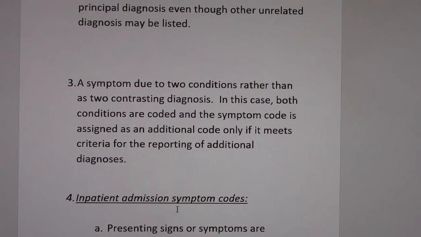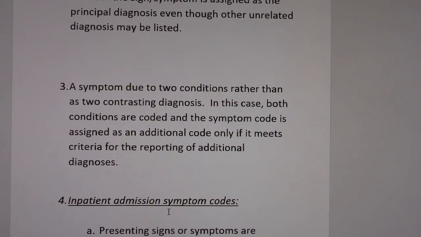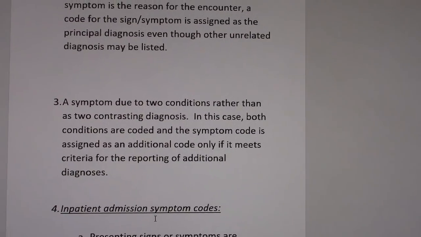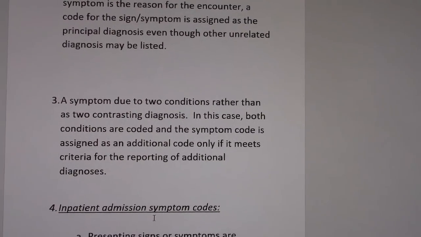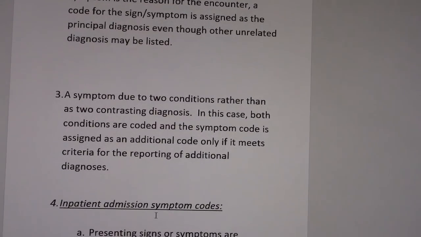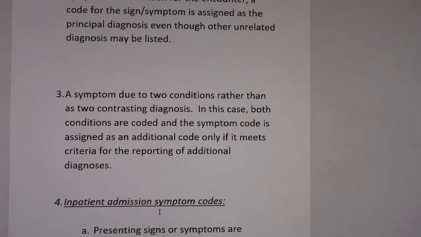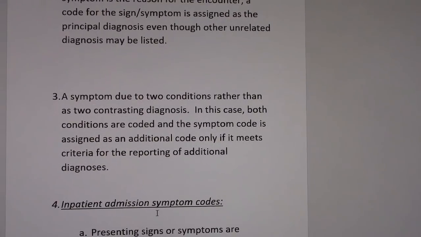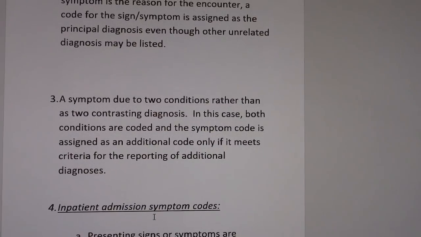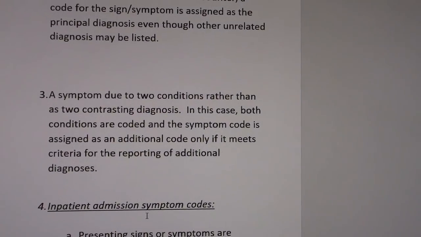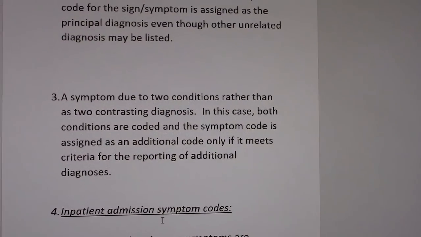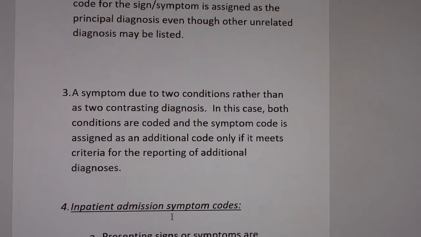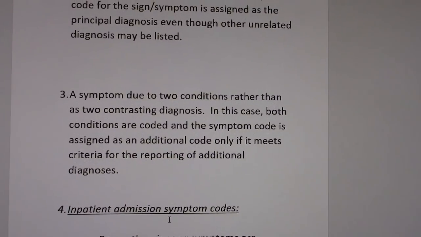A symptom due to 2 conditions rather than 2 contrasting diagnoses. So your patient in this case has 2 conditions. In this case, both conditions are coded, and the symptom code is assigned as an additional code only if it meets criteria for reporting of additional diagnoses. Give me an example of that. If a diagnosis is stated as chest pain due to costochondritis.